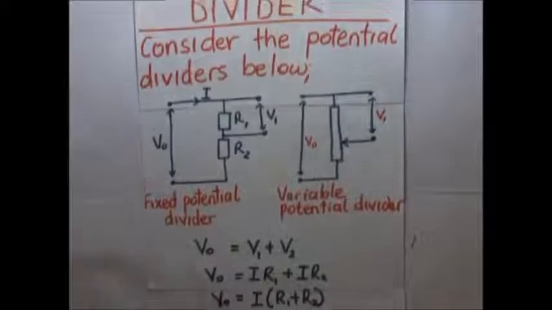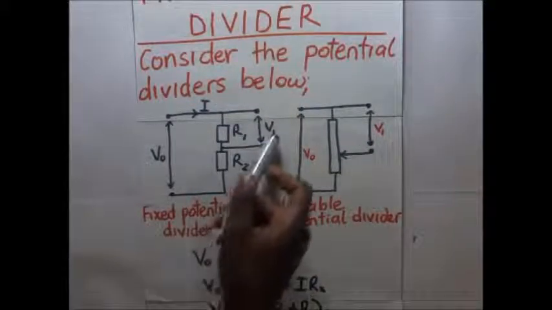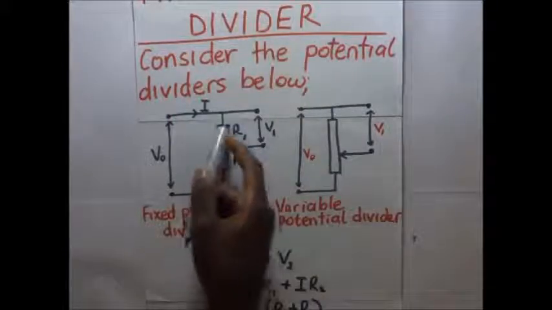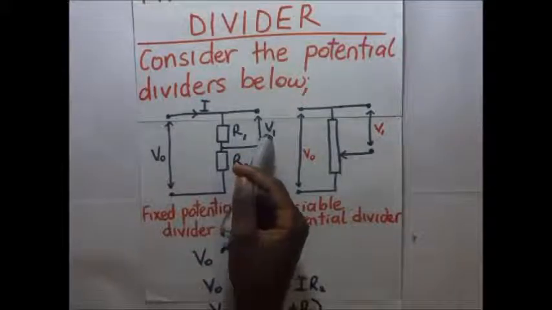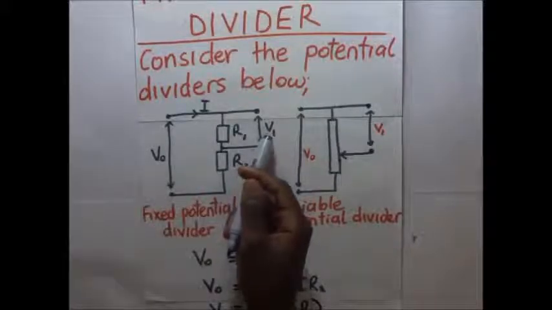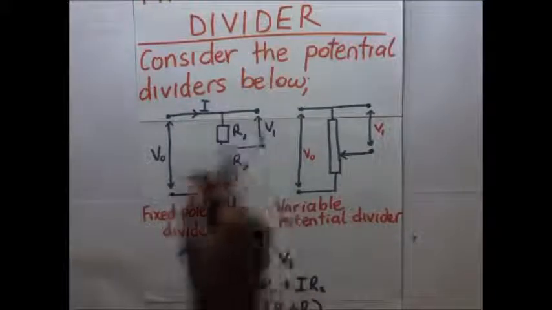Now, having gotten the current that flows through this whole circuit, how do we get this output voltage V1, the voltage across that resistor? We are interested in the output voltage since that is the function of the potential divider, to give a known fraction of a given potential difference, and the given potential difference here is this input voltage. This is the fraction that is given out.